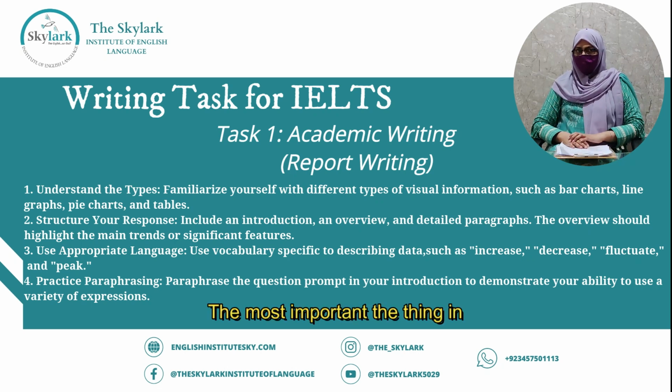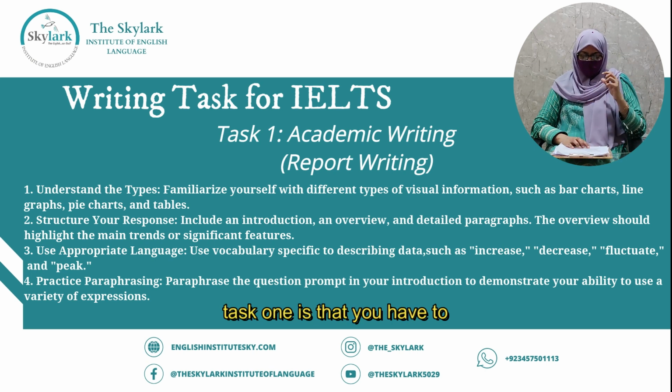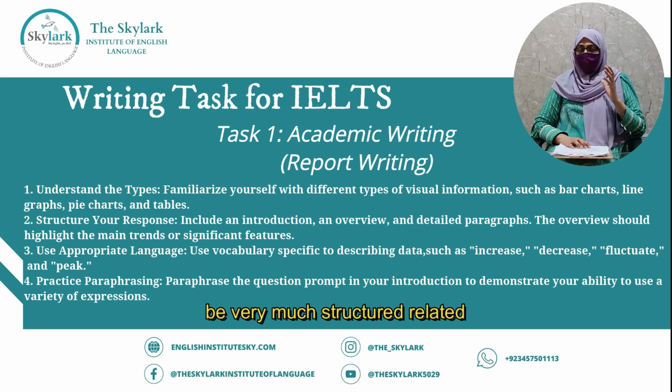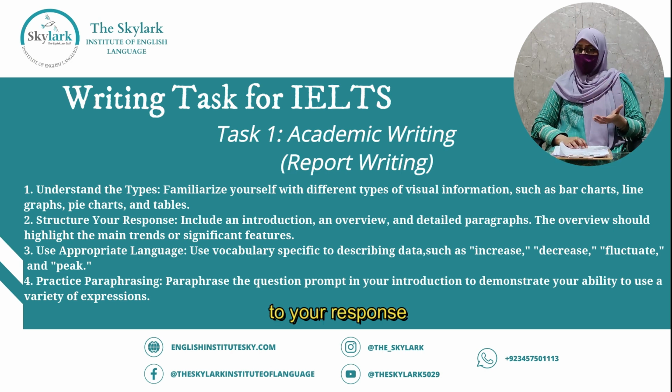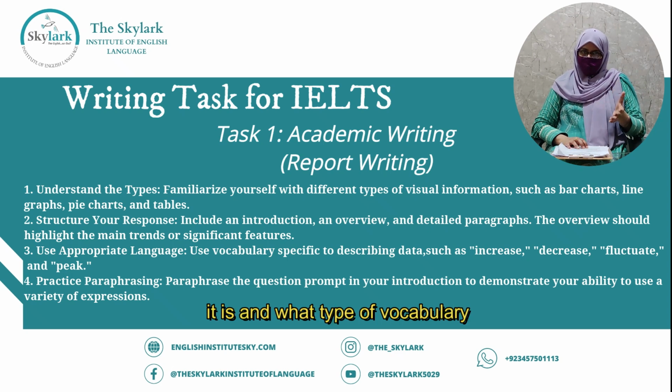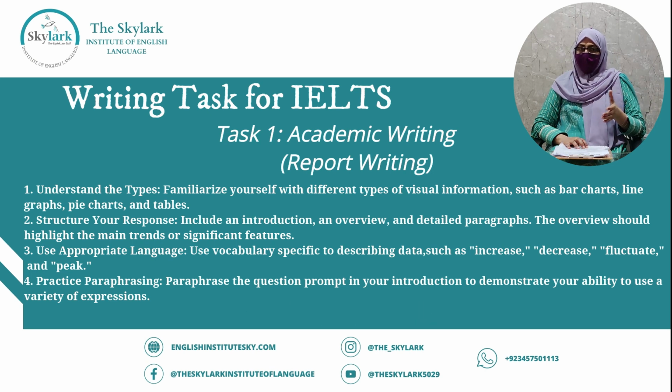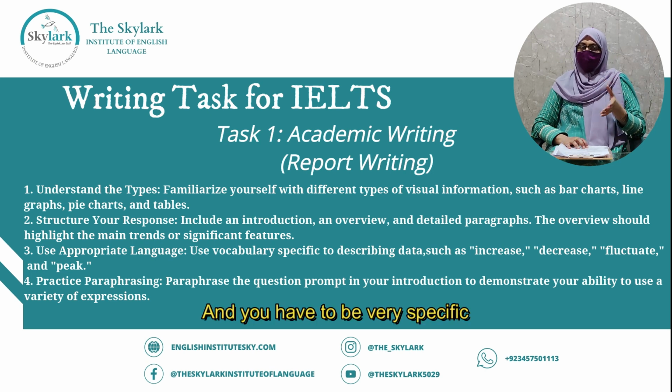The most important thing in task 1 is that you have to be very structured in your response. You must know what type of task it is and what type of vocabulary you are going to use, and you have to be very specific about the tense structure as well.